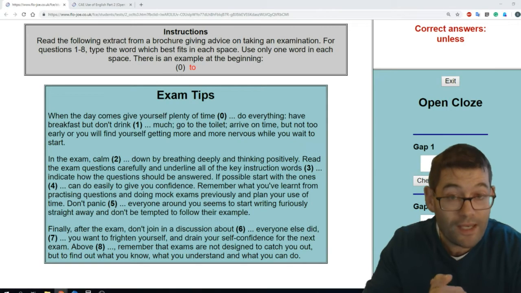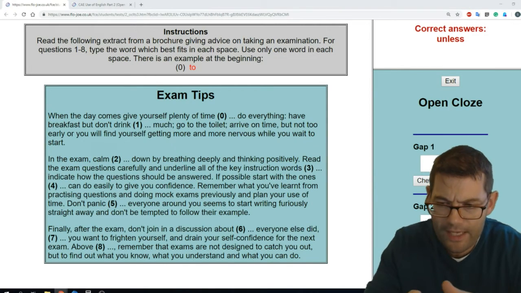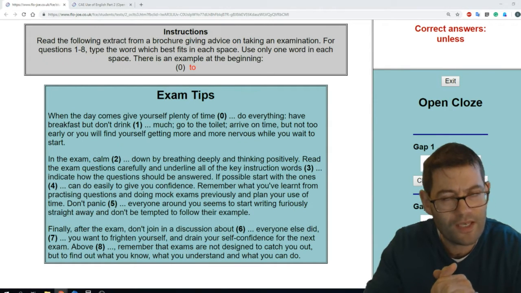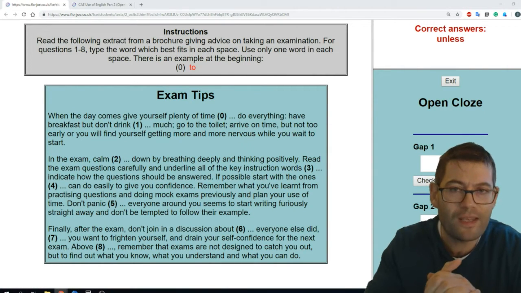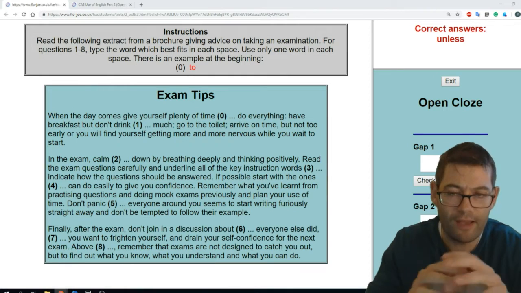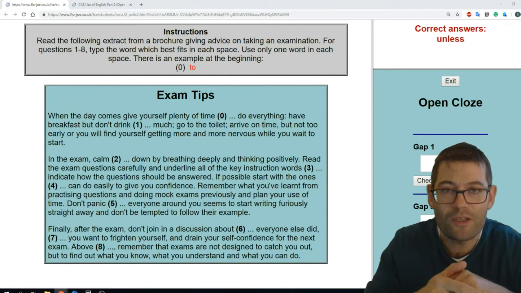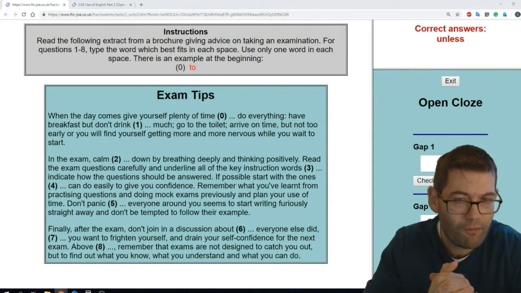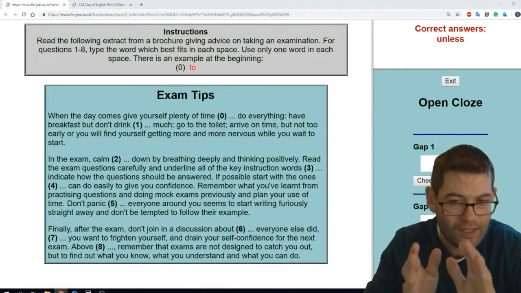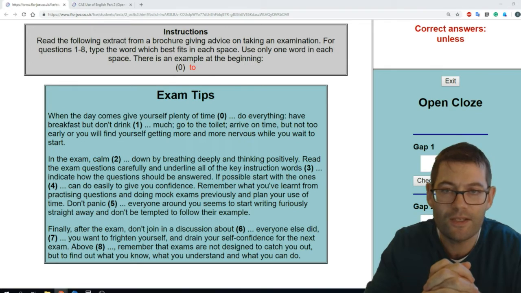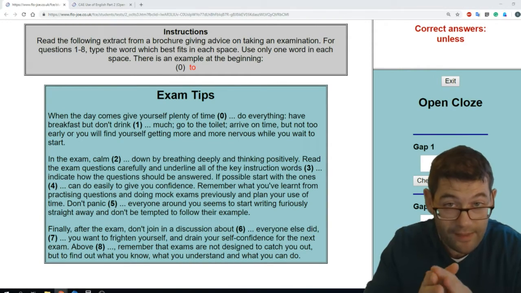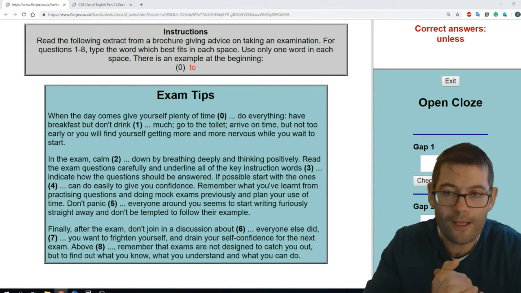So if you manage to get, there's 8 questions in this question, and I always said if you manage to get 5 out of 8, that was a pretty good result. And anything you get over 5 out of 8 is a bonus. So of course we're aiming for 8 out of 8, but if you're looking for a target, then for this question, because it's one of the harder questions, if you give yourself the target of 5 out of 8, and you get that, you're doing quite well.